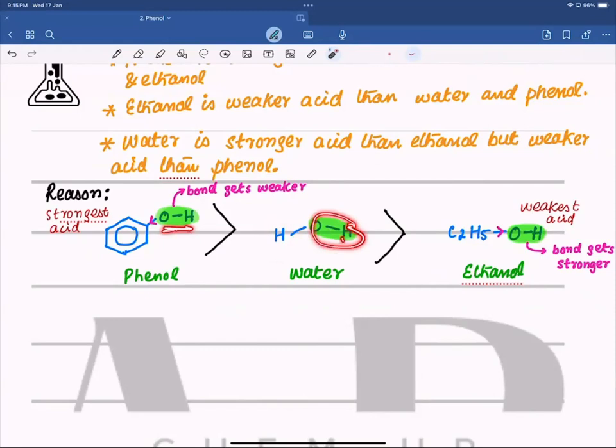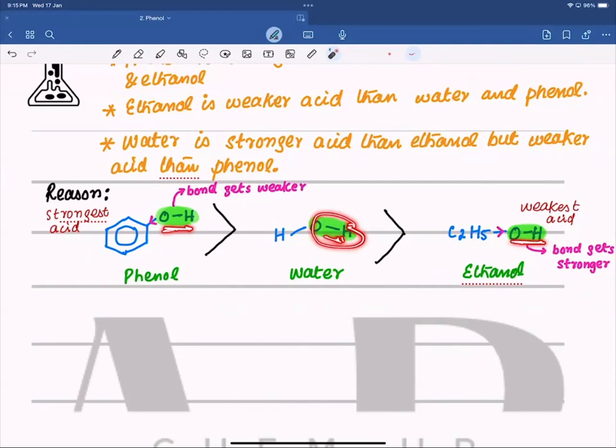That's why it is less likely to break to form hydrogen ions as compared to phenol, but it is weaker than the OH bond in ethanol.